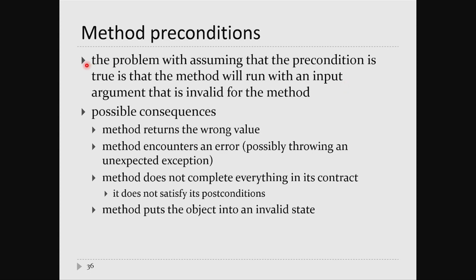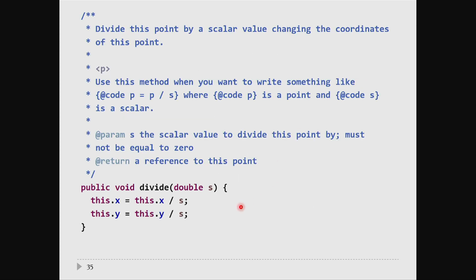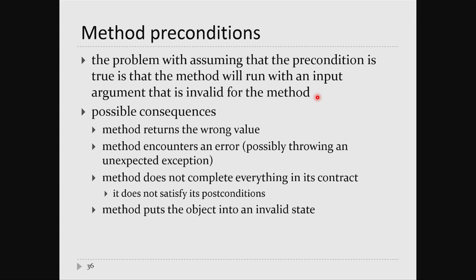So that's fine, except that when you assume that a precondition is true, which is what we're assuming here, and go ahead and do whatever it is we want to do, the problem is the method's going to run with some argument that's not valid for the method.